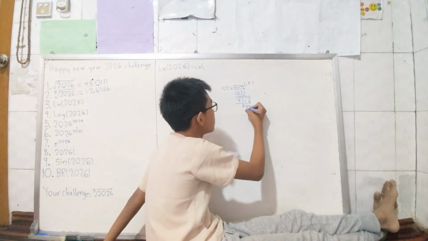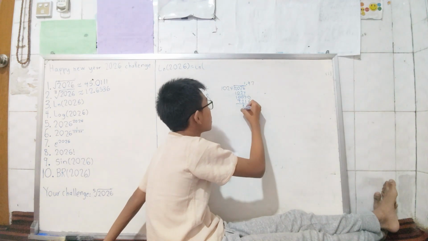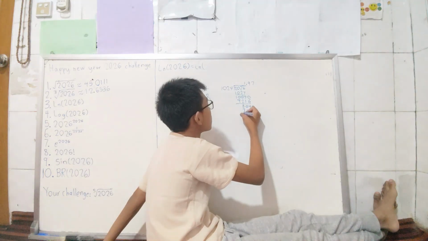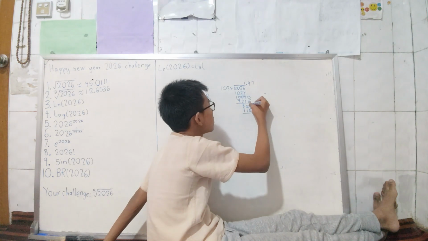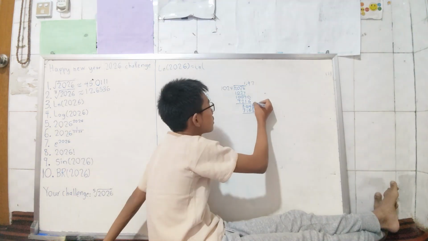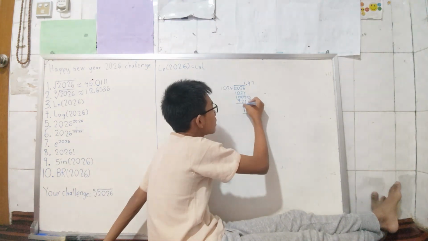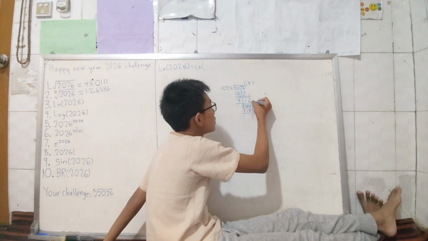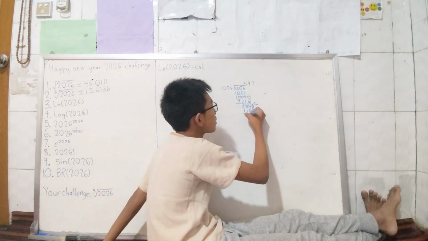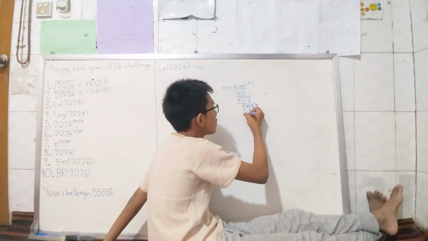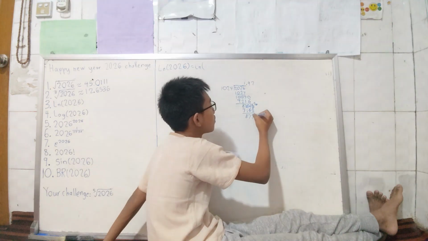And then 2 times 7 is 14. That's going to be 16. It's going to be 17. It's going to be 3. That's going to be 10. So this is going to be equal to 2. And then 7, 9, 13. So that's going to be 7. That's going to be 8. 1.79.